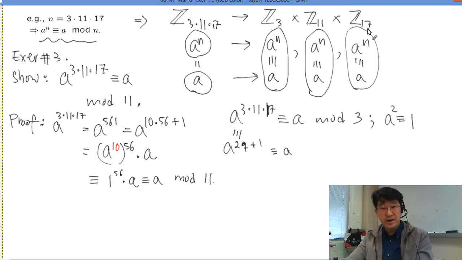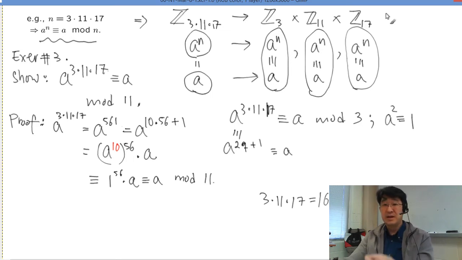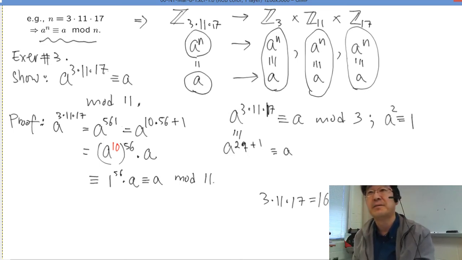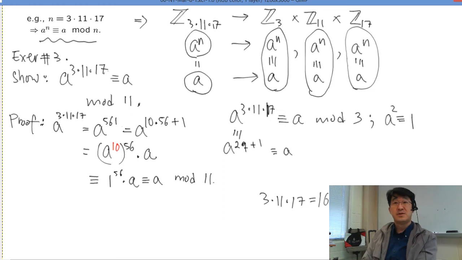If you divide 560 by 16, the remainder is supposed to be 0, so that you're left with a again. Fair enough? So you show that all these are congruent to a. Then its preimage is simply a. But because the Chinese remainder theorem map is injective, these two must be the same element. a to the n is congruent to a.